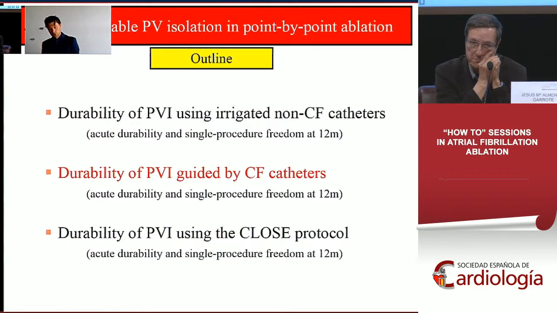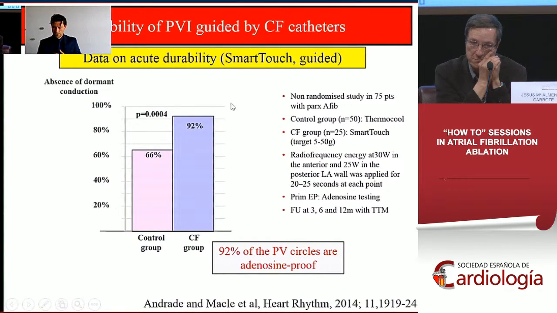Now, what is the acute durability and what is the single procedure freedom? The acute durability, for me as an operator, it's clear, but it's also clear from the literature that the acute durability markedly increases when you use a contact force catheter.